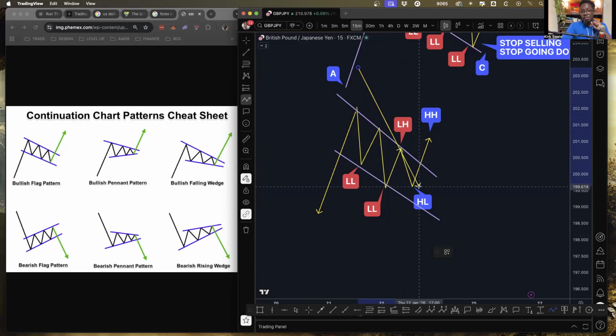We are paying attention now, but we are not going to enter this trade because it could always create a lower high. If price goes ahead and creates a higher high, we're now like, all right, sweet, let's lock in. We have a higher high. The next thing we're looking for to make sure that price has committed to this shift, committed to this turn, is we need price to come down and give us another higher low.